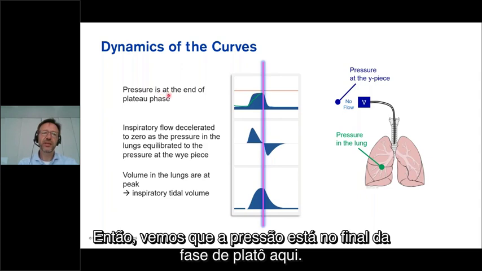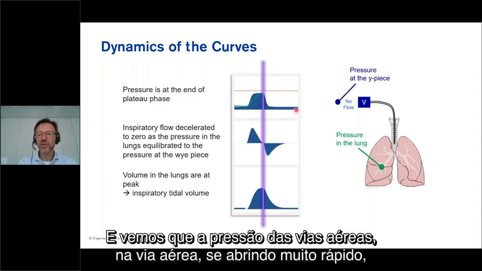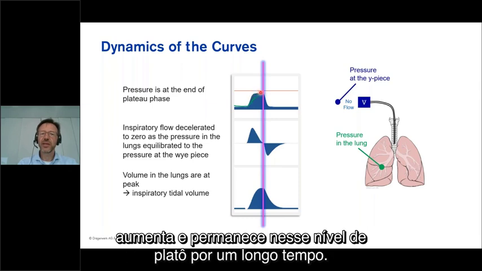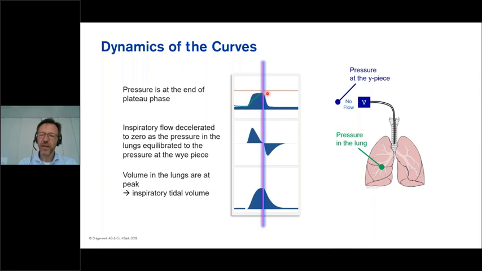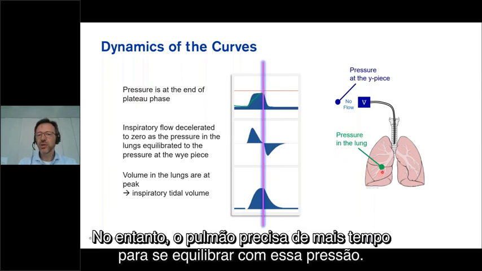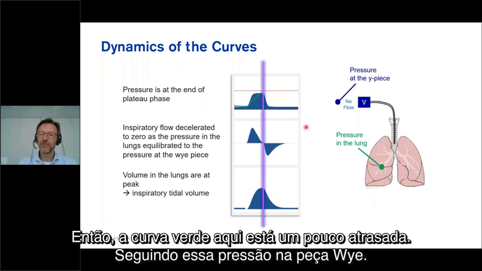The pressure is at the end of the plateau phase. The airway pressure at the airway opening increases pretty fast and stays at this plateau level for a longer time. However, the lung needs more time to equilibrate to this pressure.